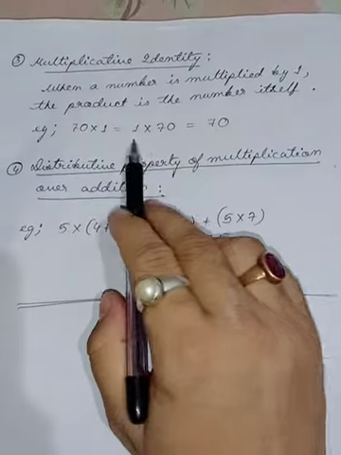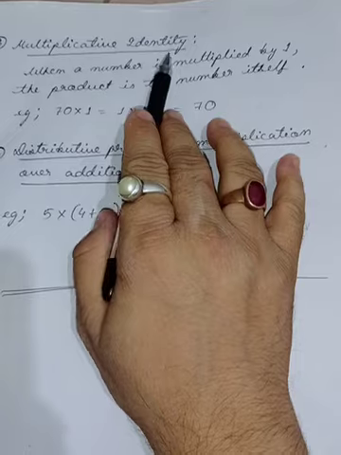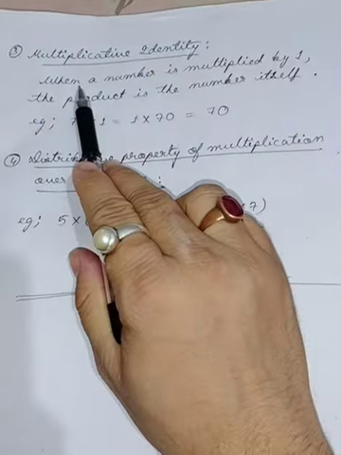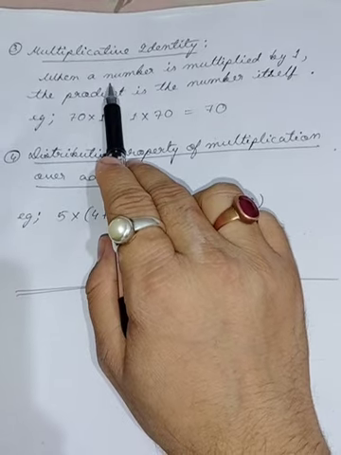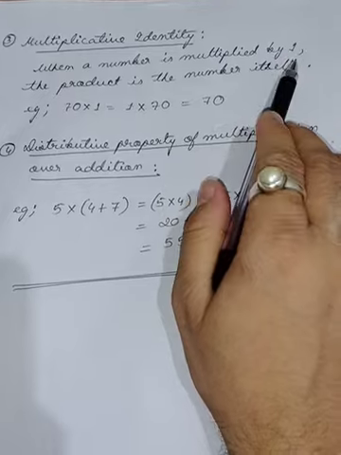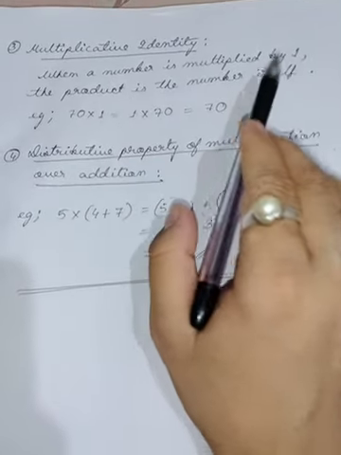Next property that we learn here is multiplicative identity. Identity, the word means something which is the same. So here you will find that when any number is multiplied by 1, the number will remain the same. The answer that you will get will be the number itself.